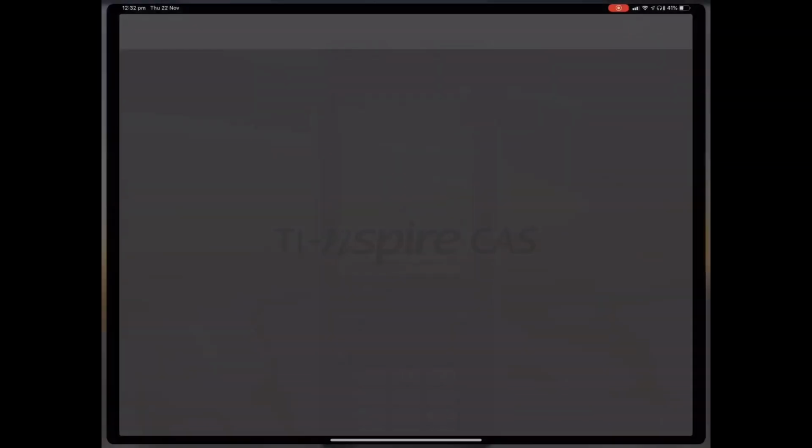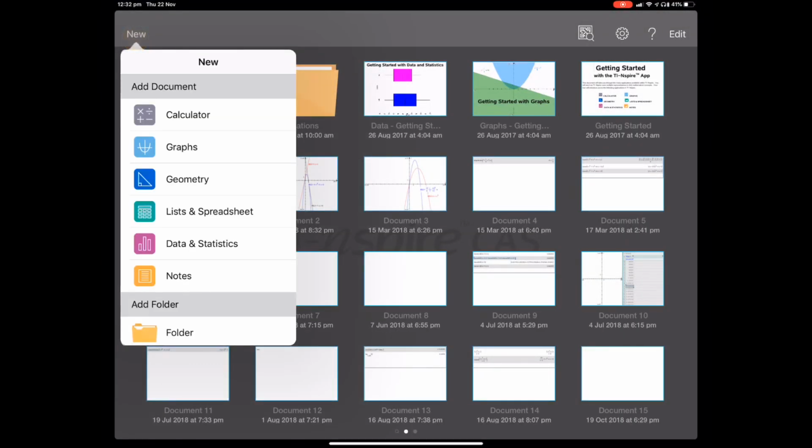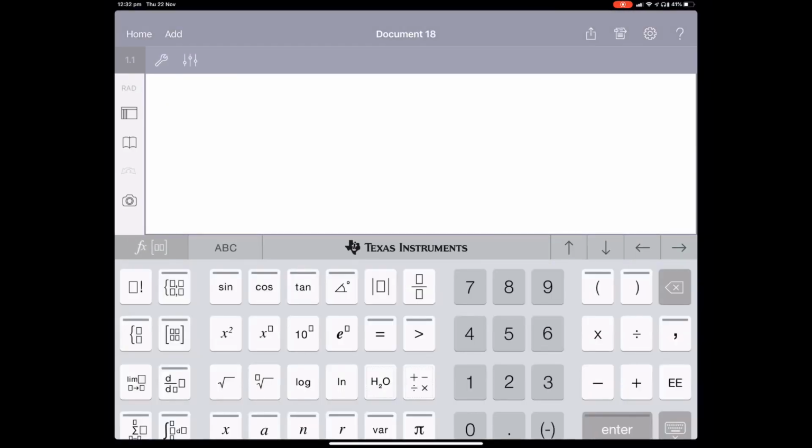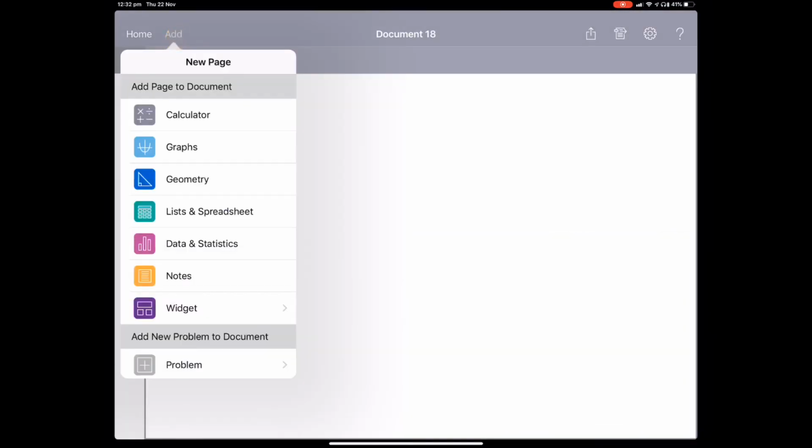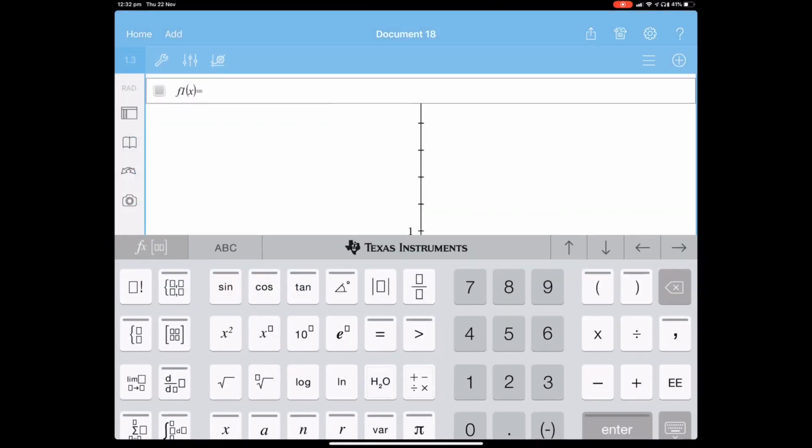If we want to do it on the ClassPad, forgive me, I know how to use the normal calculator, but on the iPad it's pretty funky. So if I go add graph. So if we go x squared, given, I have no idea where it is on this calculator. It's not that one. No. So what we've got to do is long press them.